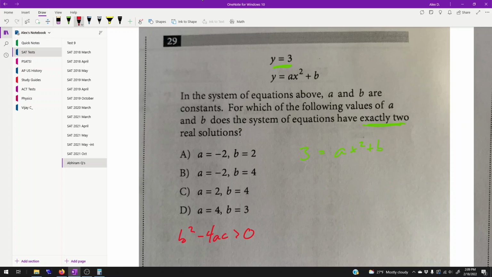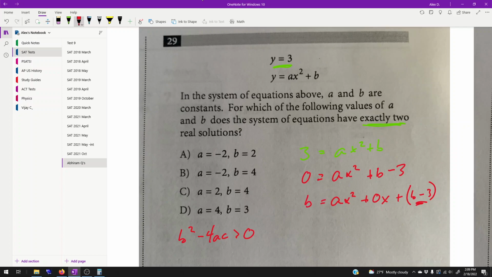All right, so I get this in standard form. 0 equals ax squared plus b minus 3. So there's no x term here, so let's get that in there. Ax squared plus 0x plus b minus 3, and this b minus 3 is actually our c value. So a, b is 0, c is b minus 3.